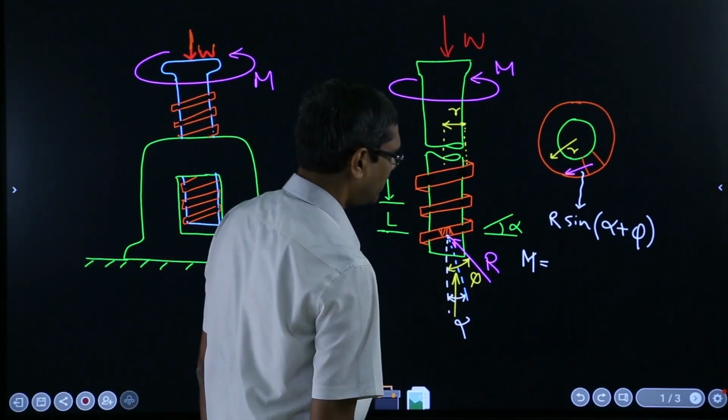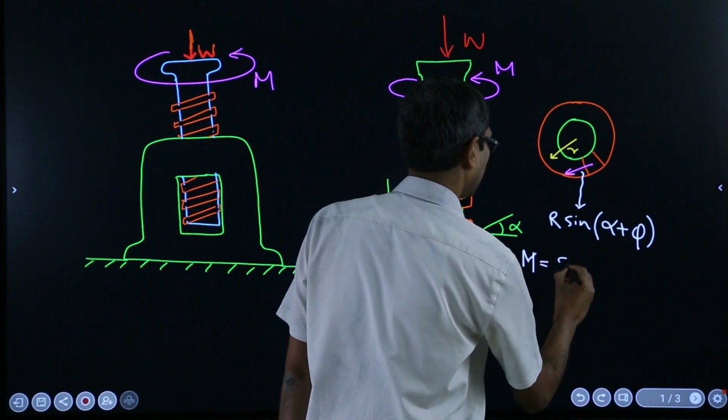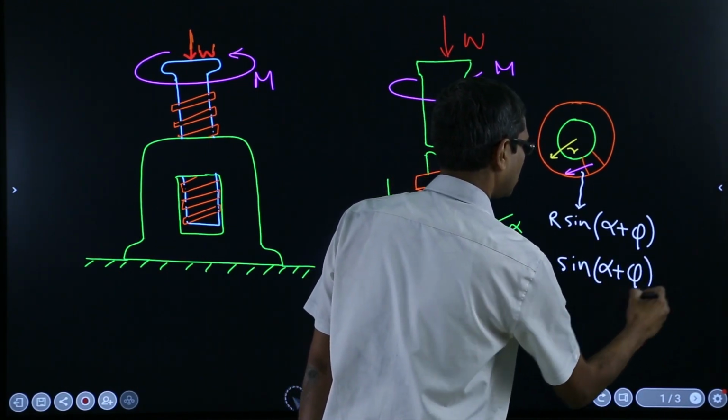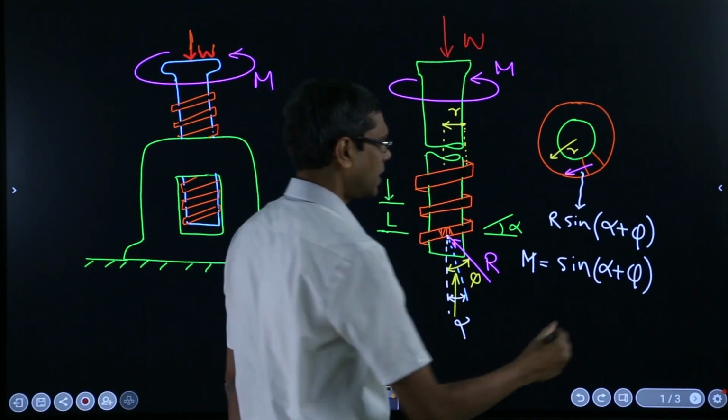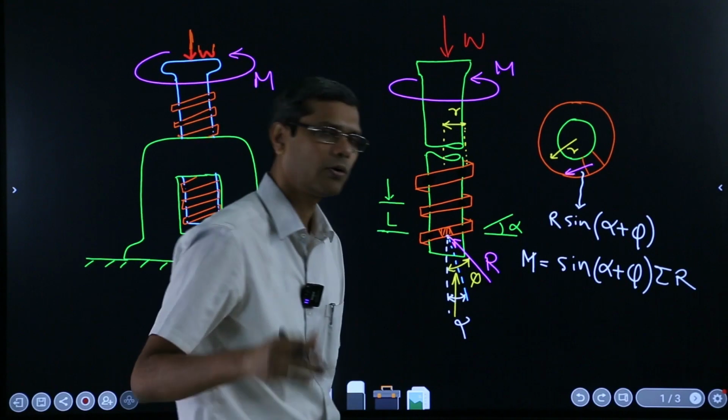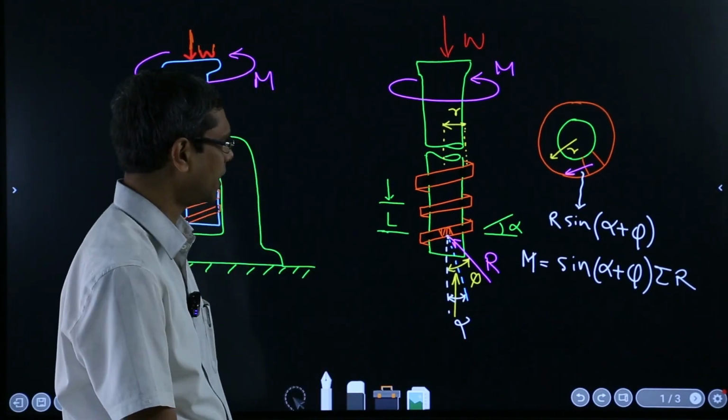If we sum them up, this sine of alpha plus phi is constant for all those little segments, and we take the summation of R of all those small pieces.